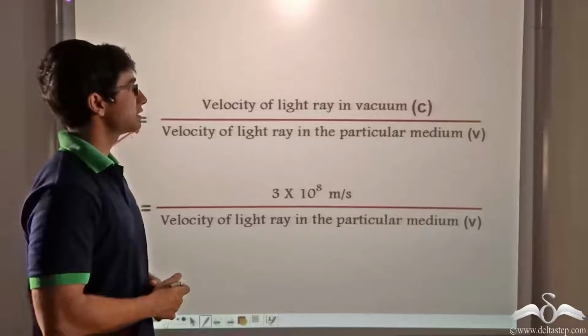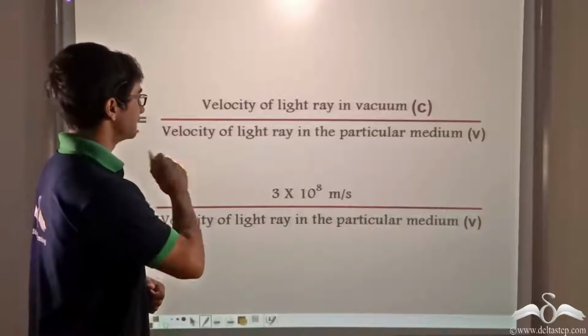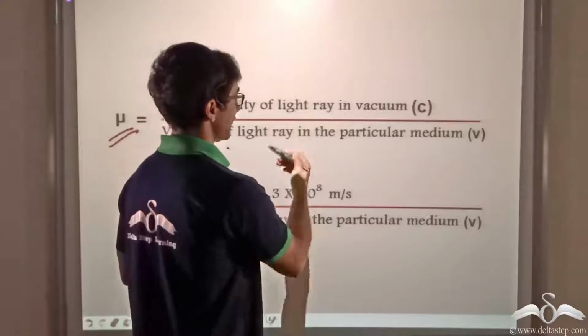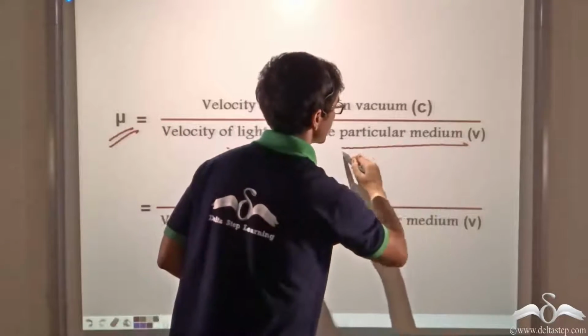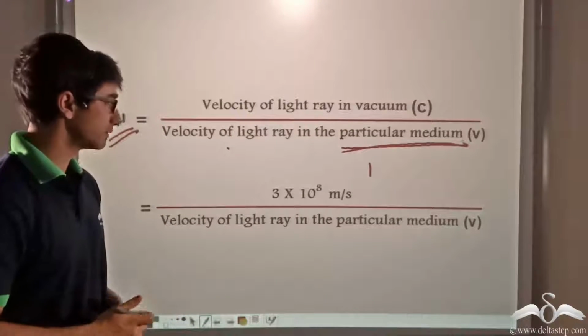The refractive index will be given by the velocity of light ray in vacuum or air divided by the velocity of light ray in the particular medium. That is, the particular medium in our case will be the water droplet.